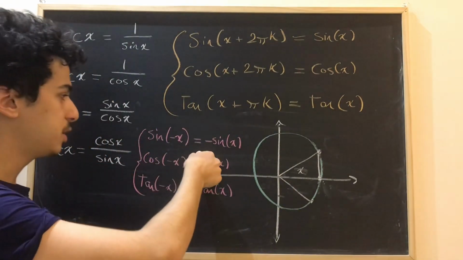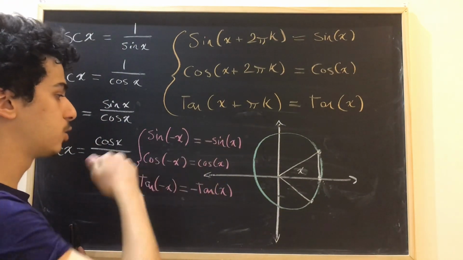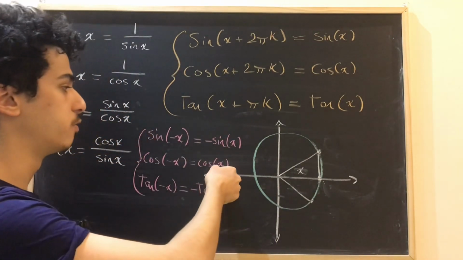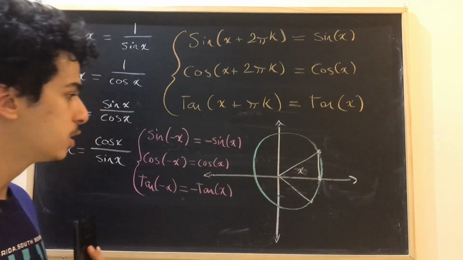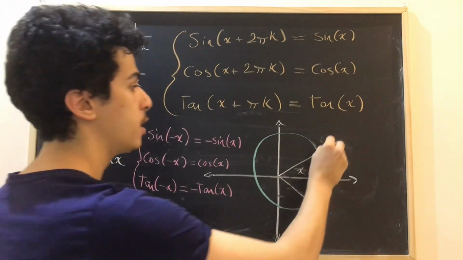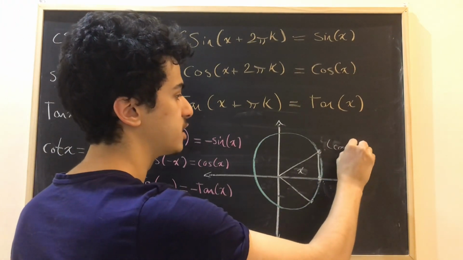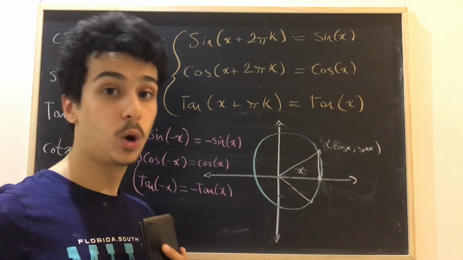Over here in the pink, sine of negative x is negative sine of x, and cosine of negative x is just cosine of x. Cosine is an even function, sine is an odd function. Why? Well, any point on the unit circle is represented by cosine and sine, where cosine is the x-coordinate and sine is the y-coordinate.